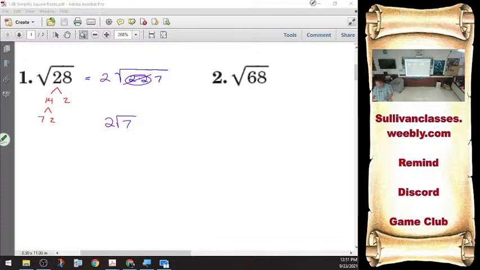Okay, so it doesn't go in evenly. Go down to the next one. 16. Take 28 divided by 16. Does it work? No. Go to the next one. Try 9. Does it work? No. Try 4. Yes, it does work. So what I can also do is I can rewrite square root of 28 as 4 times what?